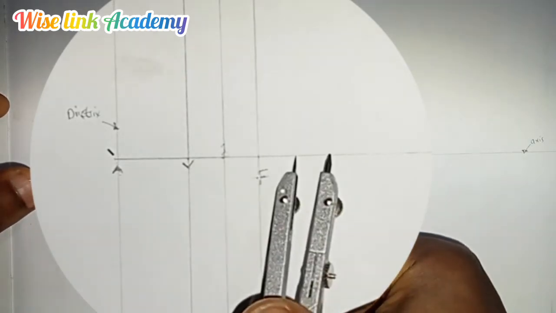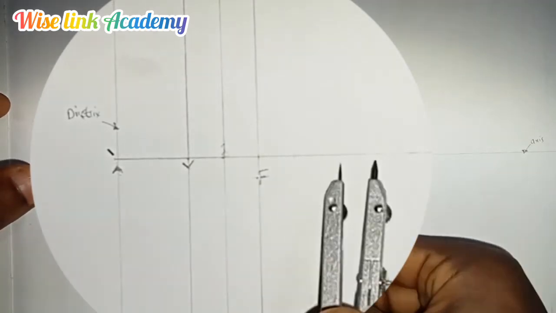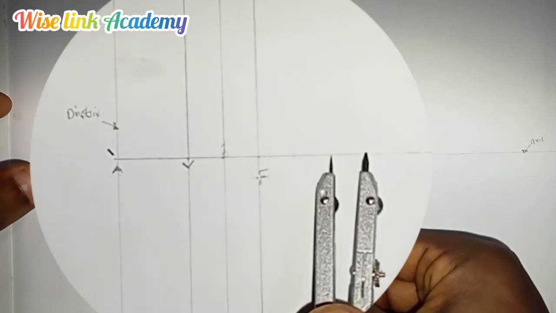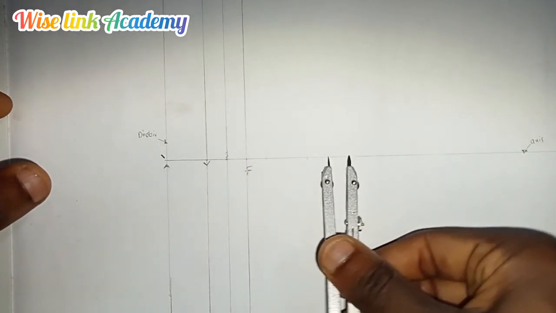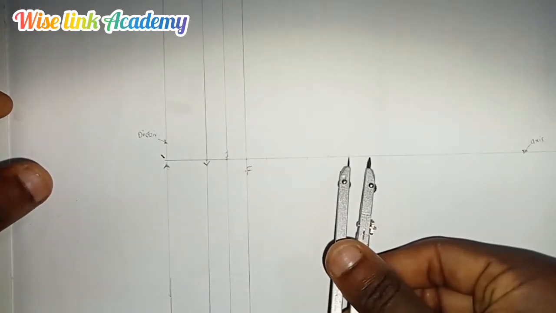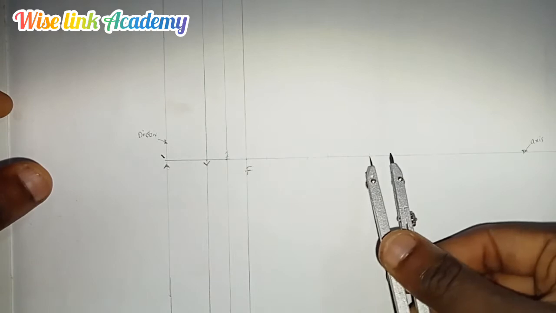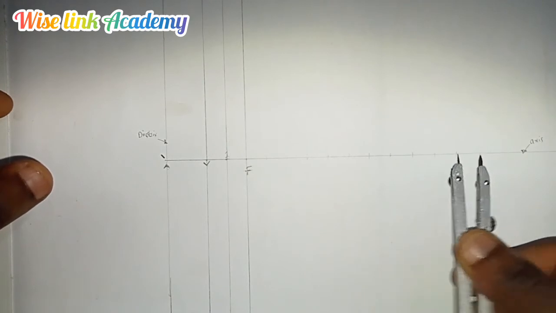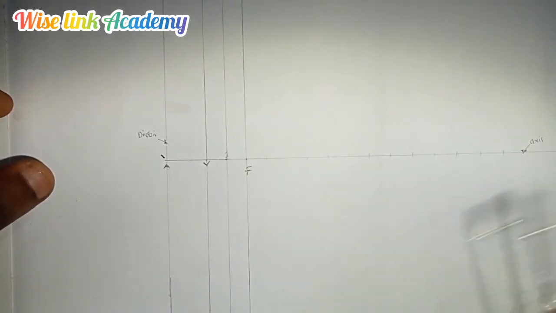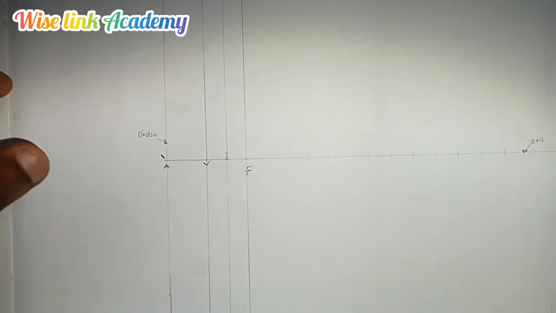So you can just draw as many as you choose: 1, 2, 3, 4, 5, 6, 7, 8, 9, 10, 11, 12. As many as you want.